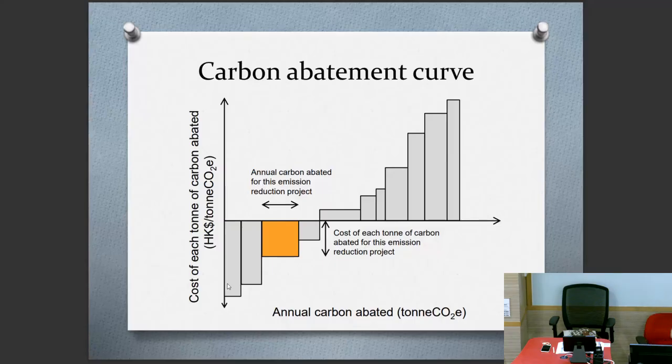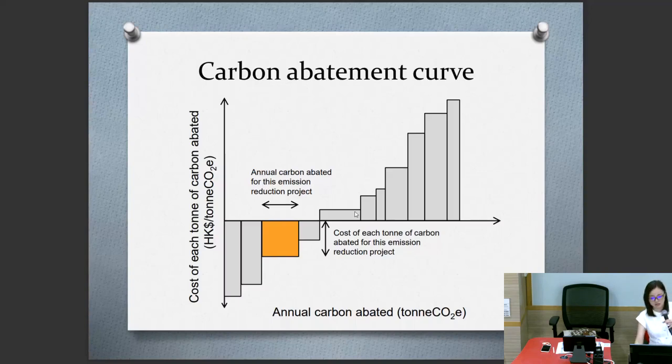If your organization has an emission target to meet, you will implement the projects on the left. And if not enough, if I have very ambitious reduction targets, then you have to utilize this one, and then this one, and this one, but still not adequate. Then you have to spend some money on some technology. You have to pay for reducing the carbon until you can meet your target.